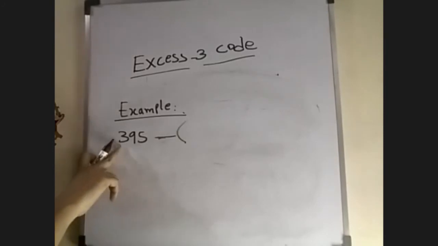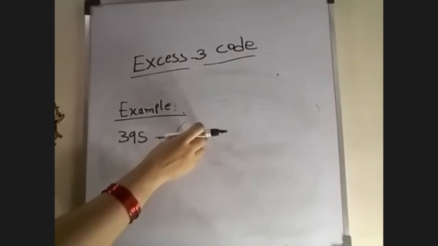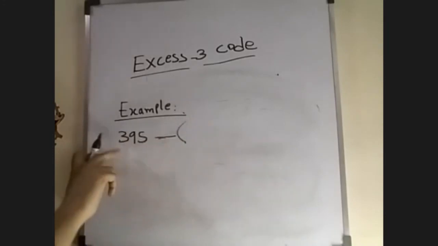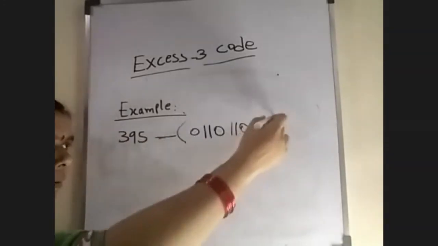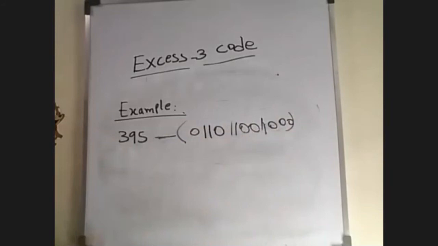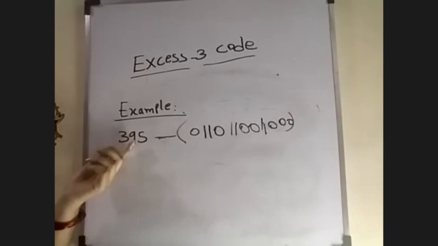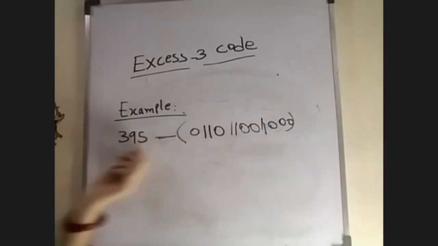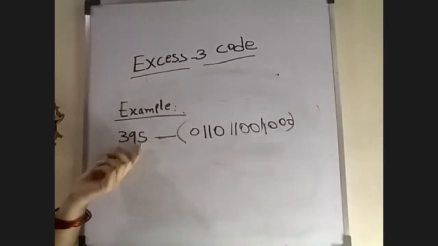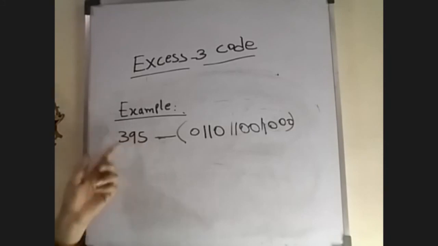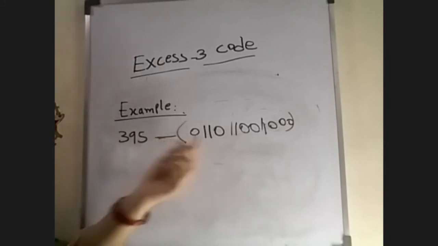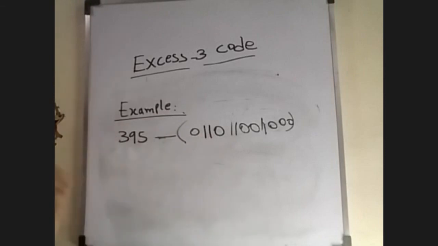Take each individual digit and write its equivalent XS3 code value. Then you will get the XS3 code value for the number.